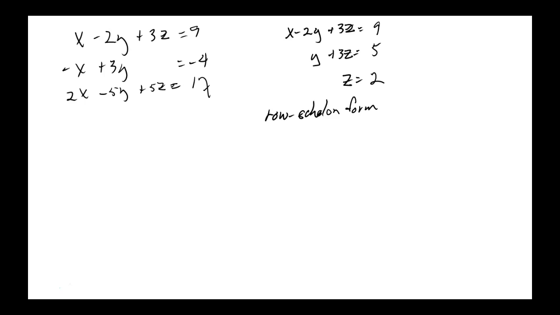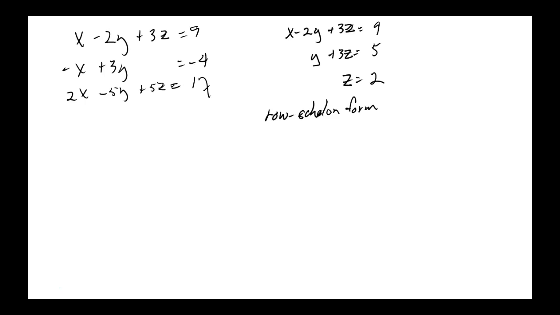The leading non-zero coefficient, there's a 0, there's a 0, there's a 0. But the leading non-zero coefficient is a 1, and they step forward kind of in an upside-down stairwell type way, so that the leading ones are always to the right of the ones above. So here's your leading one in column 1, leading one in column 2, leading one in column 3.